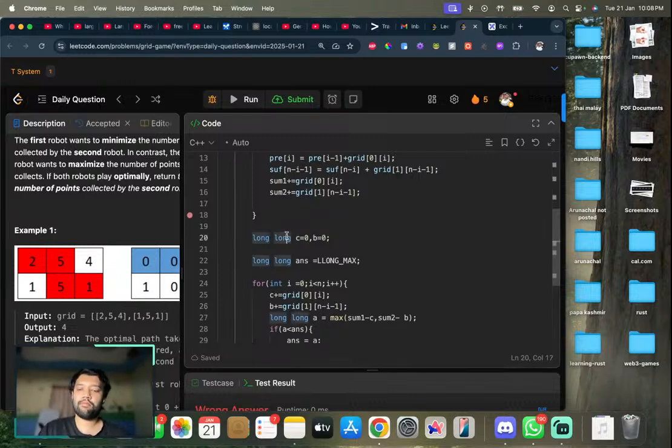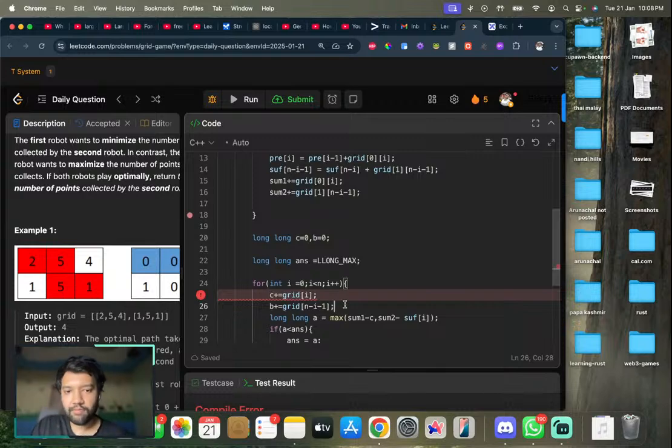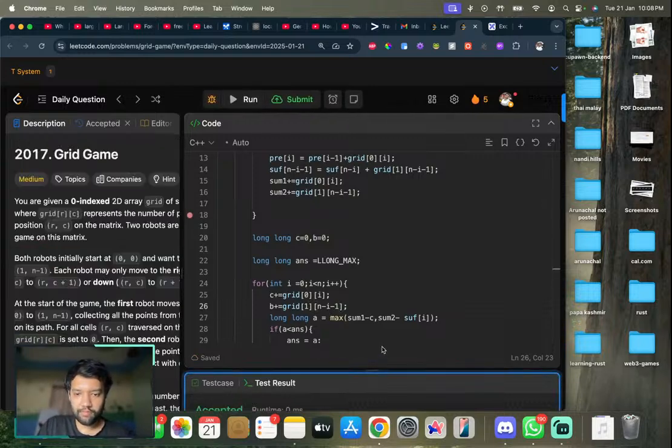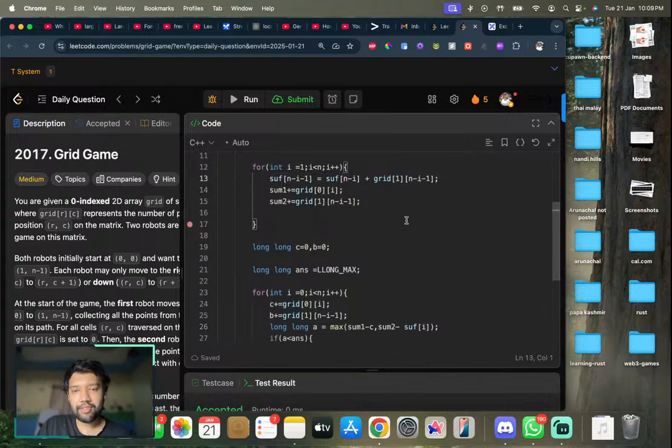Hmm. I still need this. I guess I can do it with C. Yep, can do with C, so I can remove this pre.